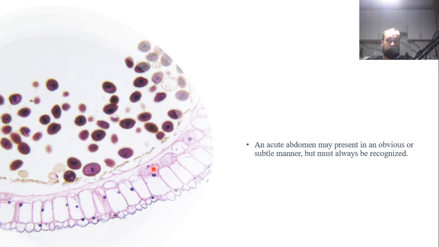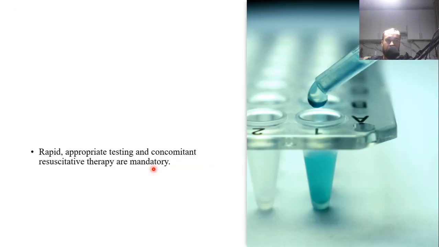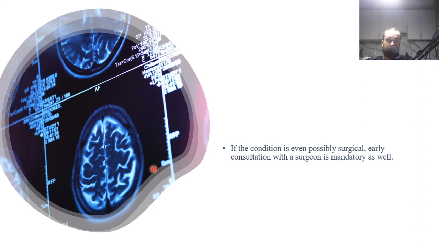An acute abdomen may present in an obvious or subtle manner, but must always be recognized. Rapid, appropriate testing and concomitant resuscitative therapy are mandatory. If the condition is even possibly surgical, early consultation with a surgeon is mandatory as well.